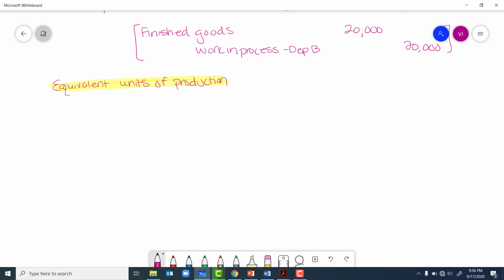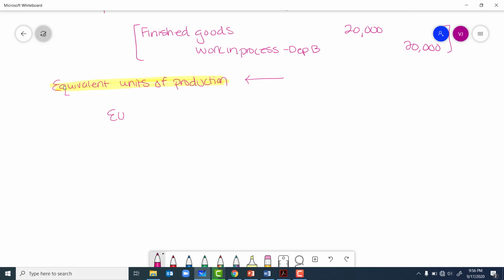So usually a department is going to have incomplete or partially complete units in beginning and ending work in process inventories. So this kind of complicates determining how much of an output each department has for a period and what each unit cost is if there are incomplete units sitting in beginning and ending inventories. So we have to calculate equivalent units of production to help us out with that issue.